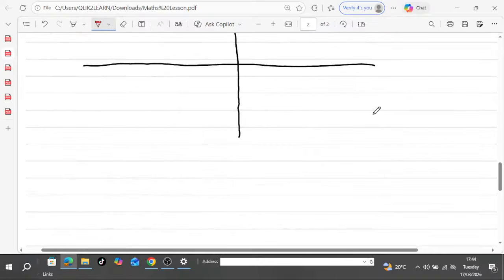I know that half is here, so 0.5 is somewhere there, and we go down all the way to negative 12.5. So my turning point is there, with coordinates 0.5 and negative 12.5.